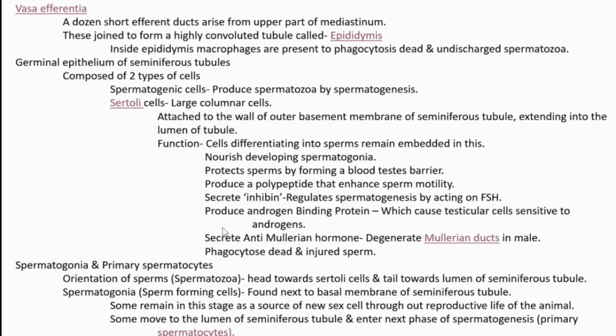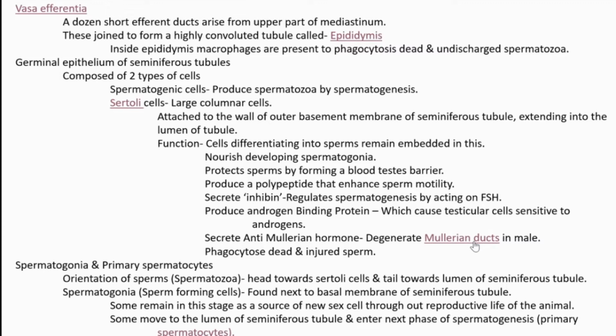From the testis, the Sertoli cells produce this hormone. This hormone goes and degenerates the Mullerian duct in that baby. Otherwise, the Mullerian duct may develop into female genital organs.